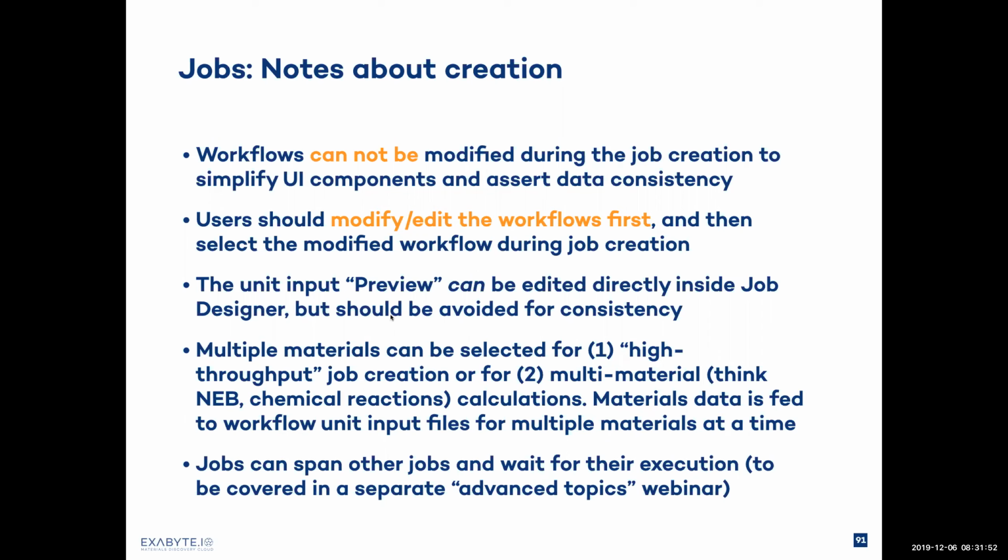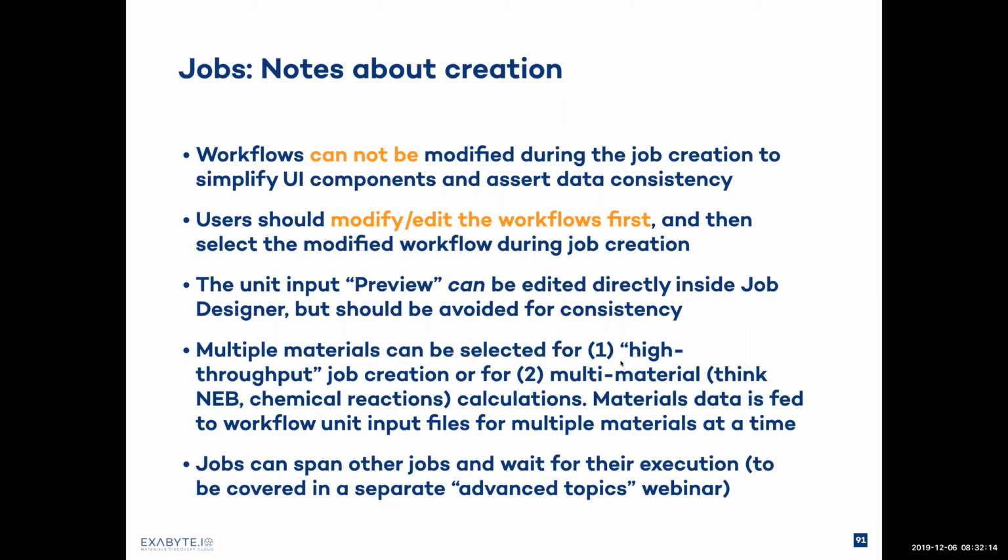The unit input preview can be edited directly inside the job as well, but we do not recommend doing that because the consistency and the parameters of the workflow are then lost. The metadata that contains the parameters of the workflows is then replaced by the edited text.